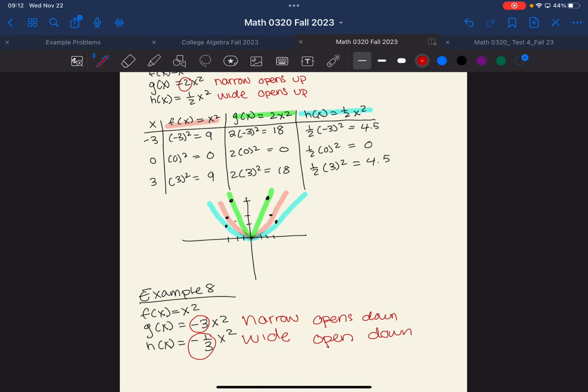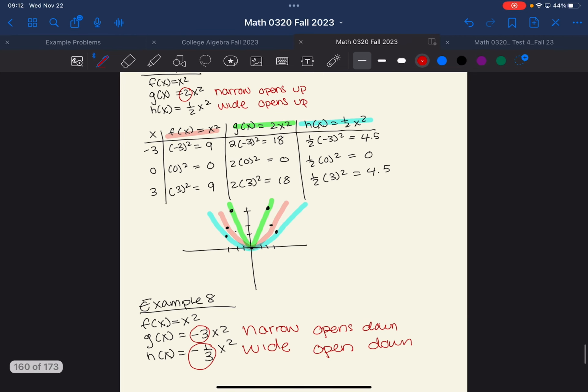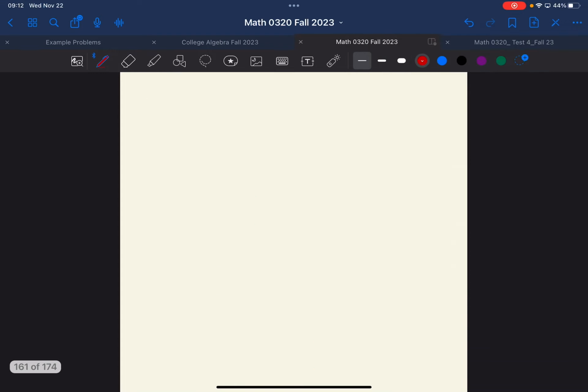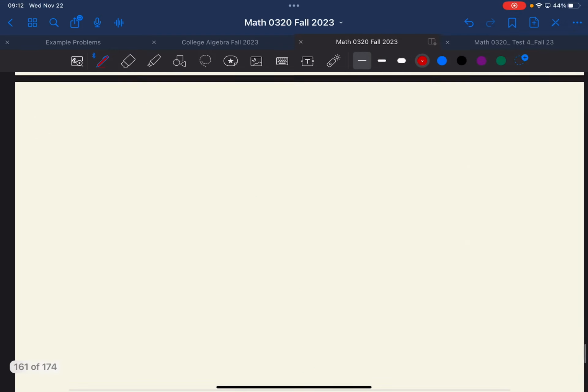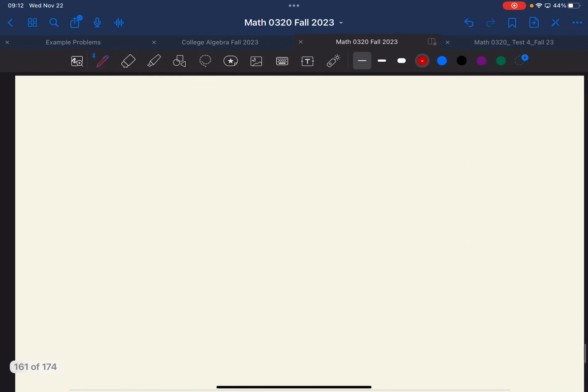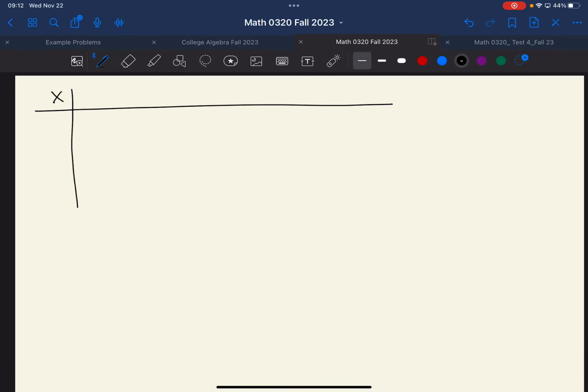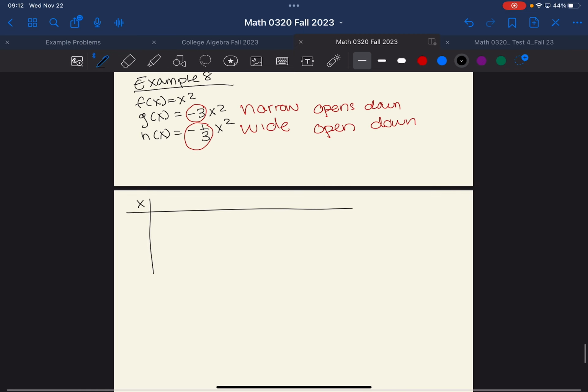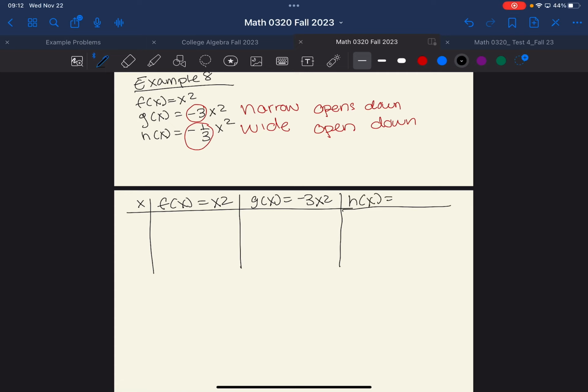So again, I'm going to go ahead and create my table. And I'm going to use that negative 3, 0, 3 again. So I have x, f of x is equal to x squared, our parent function. G of x is equal to negative 3x squared. And then h of x is equal to negative 1/3 x squared.